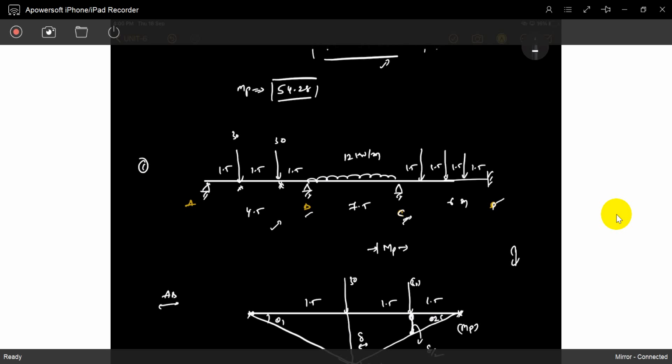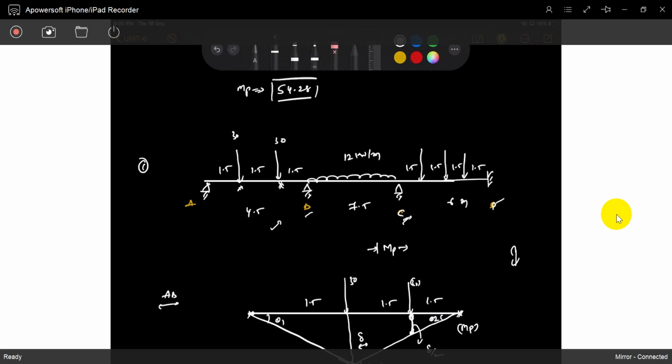So another hinge is required. Where is it formed? Whether a hinge is formed here or here or here. No need to check, because it is exactly a symmetrical structure, and at the center there is a concentrated load, so no need to check other things.